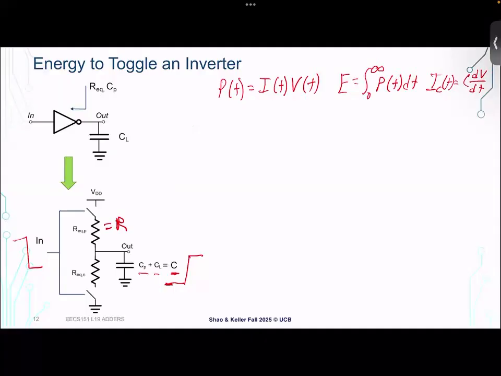Okay, so question 1. We've toggled our input from 1 to 0, which means that current is going to be flowing from VDD and charging that capacitor. And so our question is, how much energy is actually consumed from VDD, from that supply, when we're charging the capacitor? Well, energy is just the integral of power.